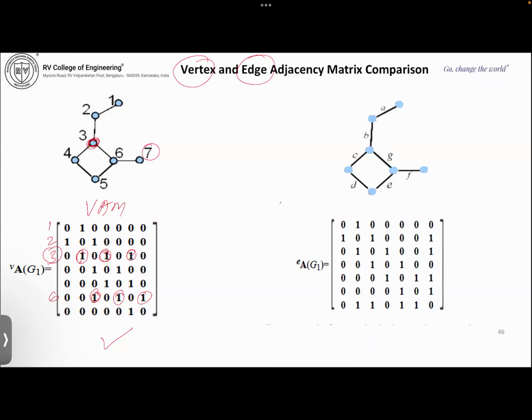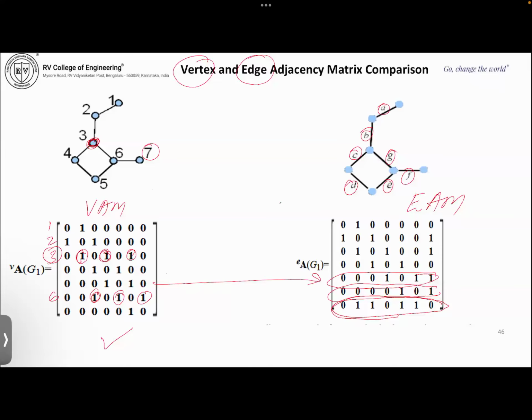But for the edge adjacency matrix, this is the EAM, which also has 7 vertices. You can see that the edge adjacency matrix for this is not the same. This row is completely different, and this row is completely different, and this row is not the same as this one.